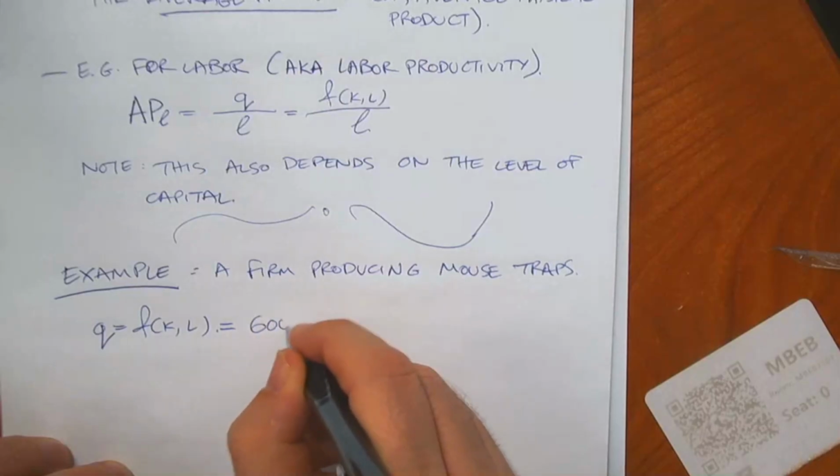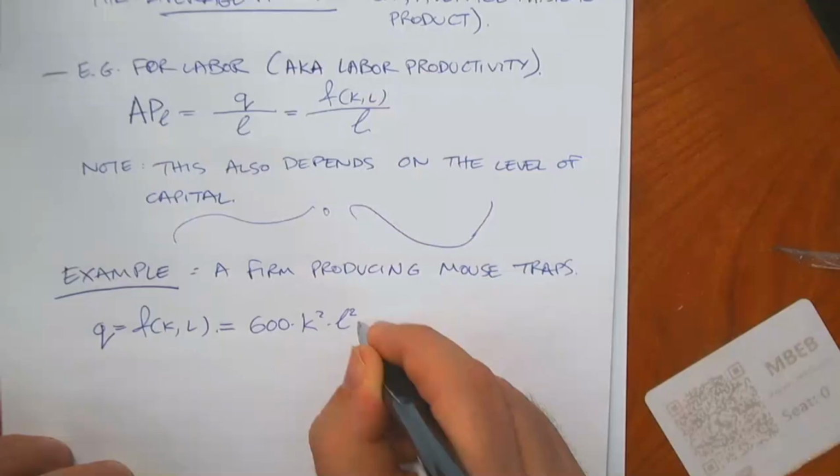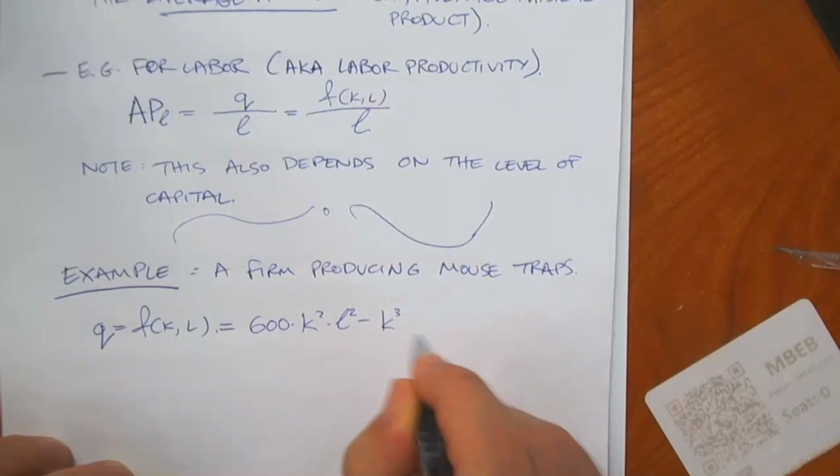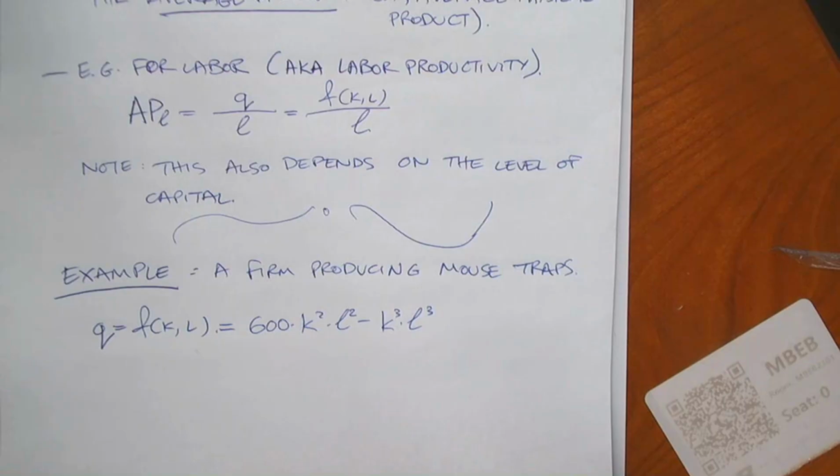This is 600 times k squared times L squared minus k to the power of 3 times L to the power of 3. It's a function that raises the quantities of capital and labor to the power of 2 and to the power of 3. And once you plug in a certain amount of capital and labor, you're going to get your output, right?